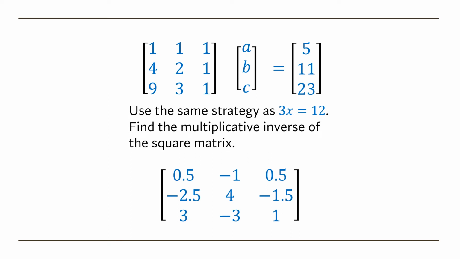First of all, you might notice that you do have a 3 by 3 matrix here, but it's got decimal numbers in it, and it's got negatives, and it's scary looking. But again, don't worry about that. It's just a thing, and we're going to use that thing in the same way that we did the earlier 3x equals 12 problem.